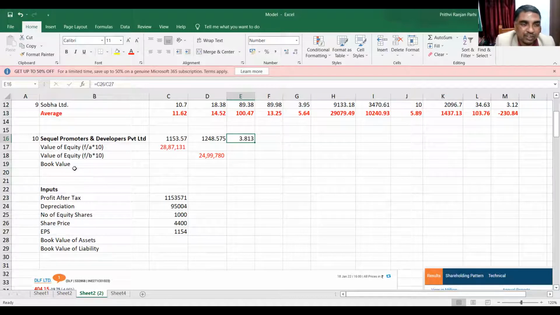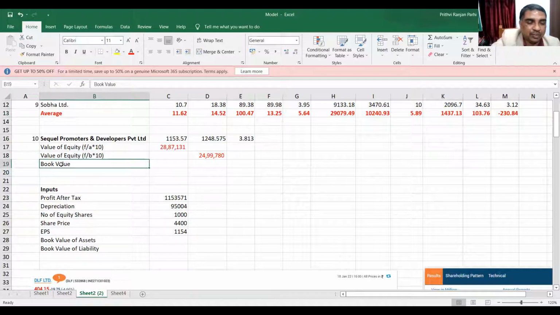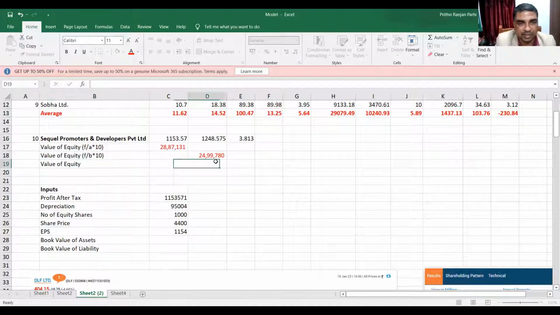And under this, again we'll be calculating the value of equity, or you can arrive at the market capitalization. How will it be calculated?